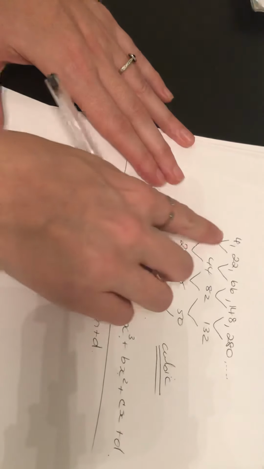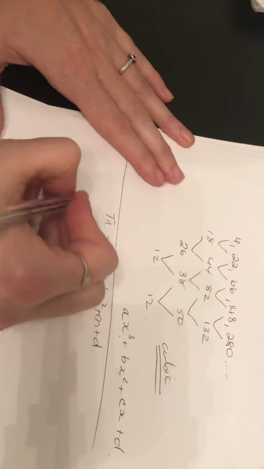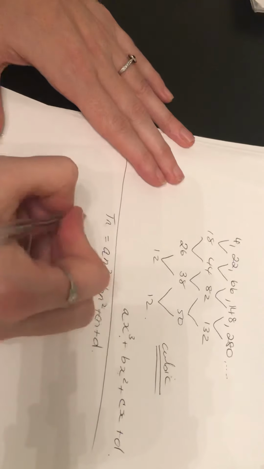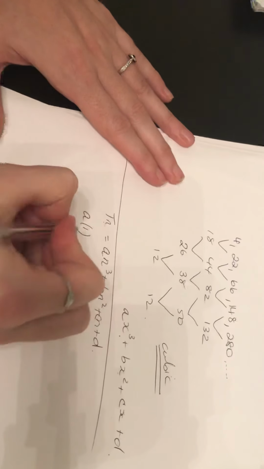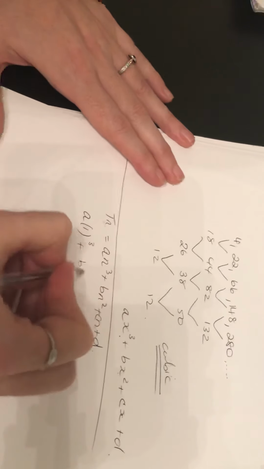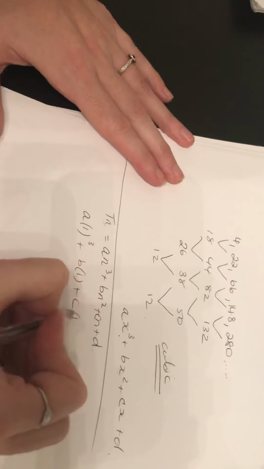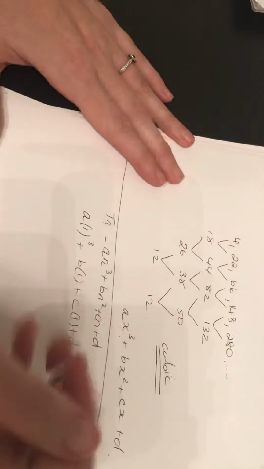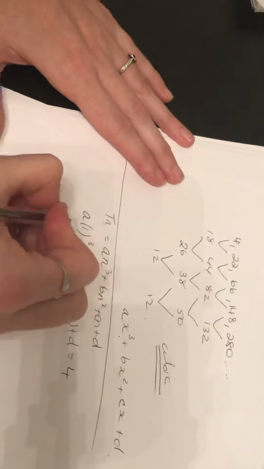And T1 is 4. So that means anywhere that n is 1, I can throw in a 1 for n. And my first term, T1, is 4. So that's equal to 4. Clean that up.